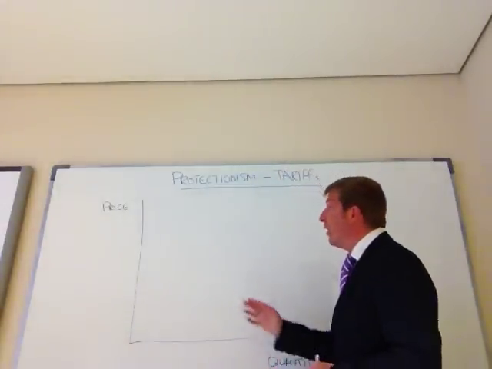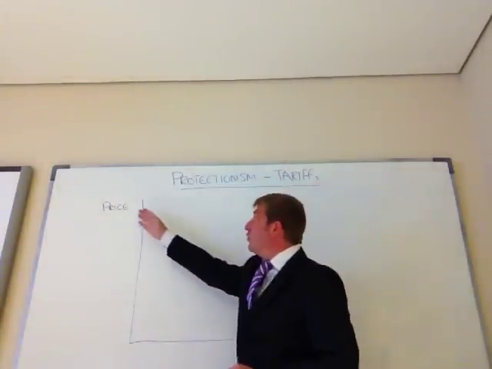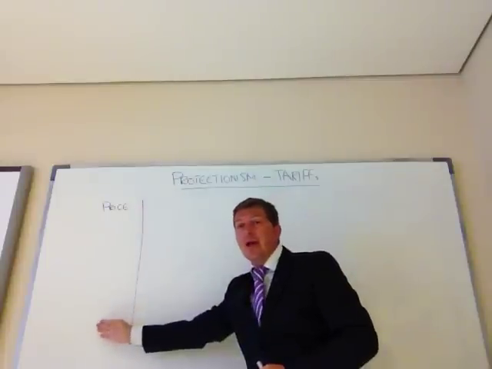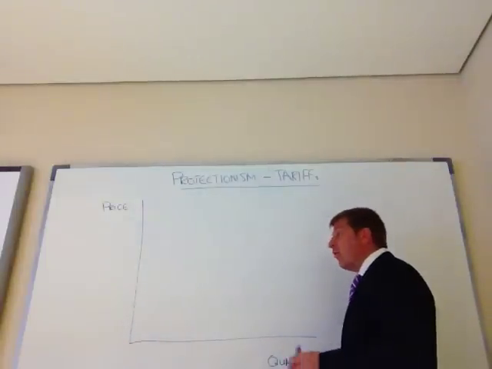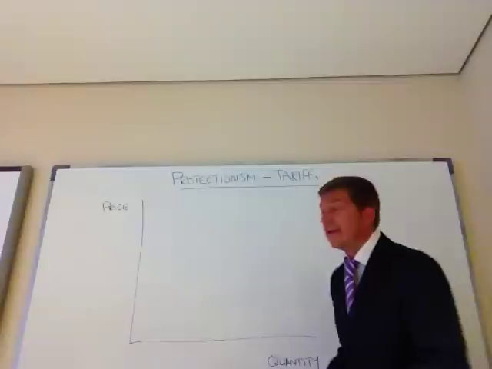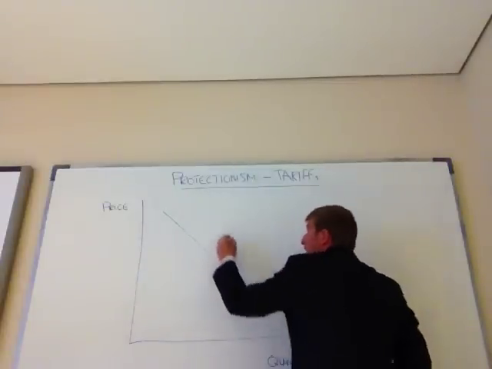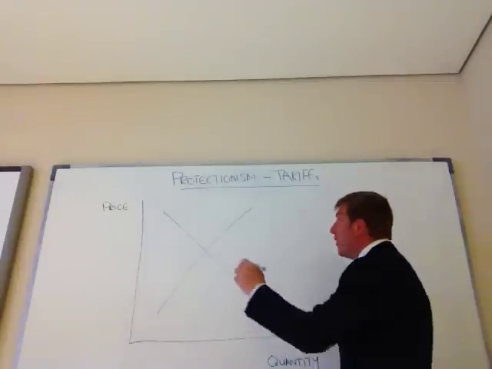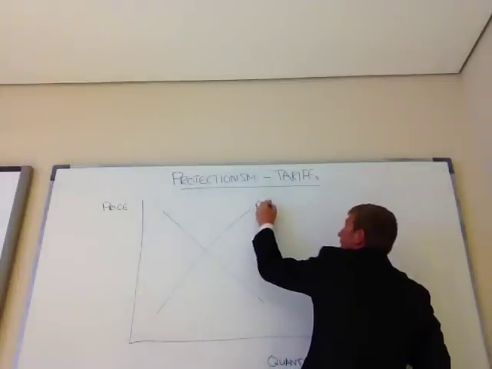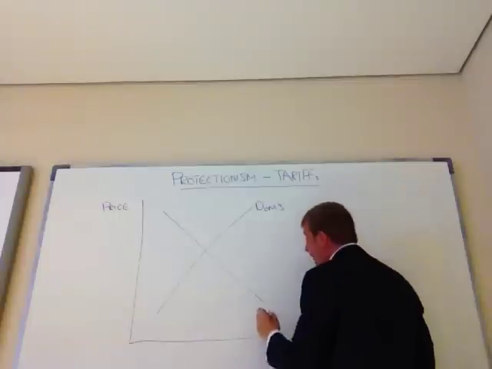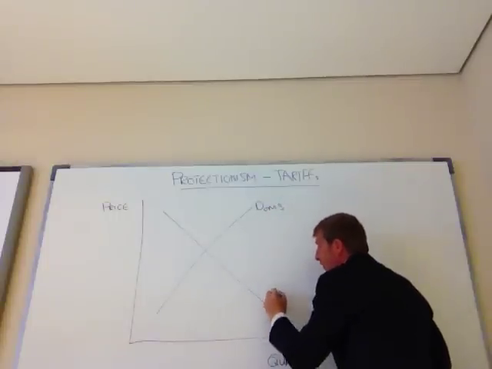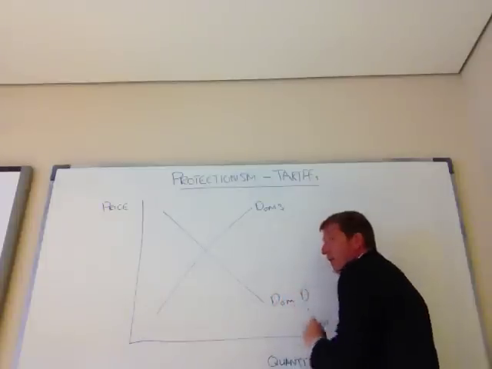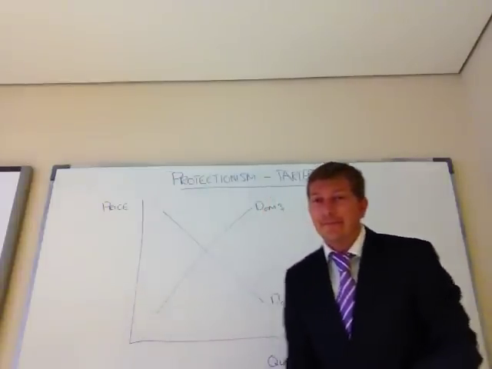What we have here is a diagram that shows a basic supply and demand diagram without trade. Initially, without trade, we have domestic supply, dom S, and domestic demand.